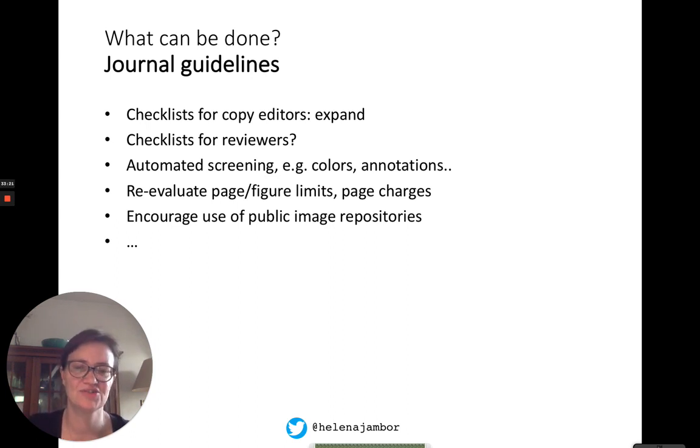And obviously journals have already started, but should continue to encourage the use of public image repositories, because here the scientific community can set quality standards. Before images are deposited in an image archive, they have to fulfill a certain number of criteria.